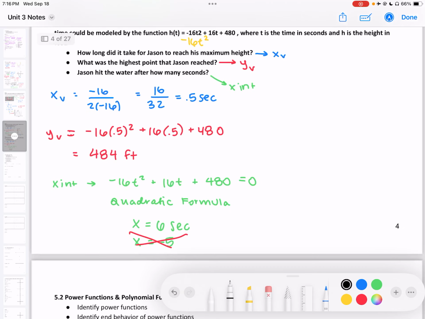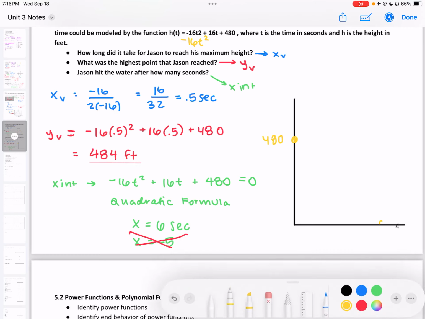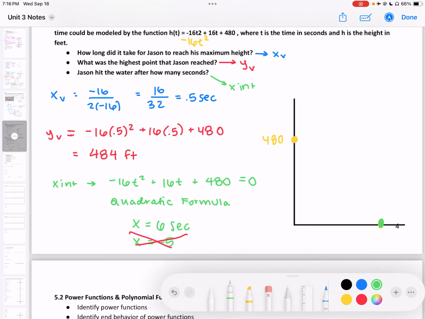Now, if I were to graph this, which I did not give you a graph, but we can draw a sketch. We started at 480. And then we touched down at 6 seconds. And at 0.5 seconds, we had our maximum of 484.